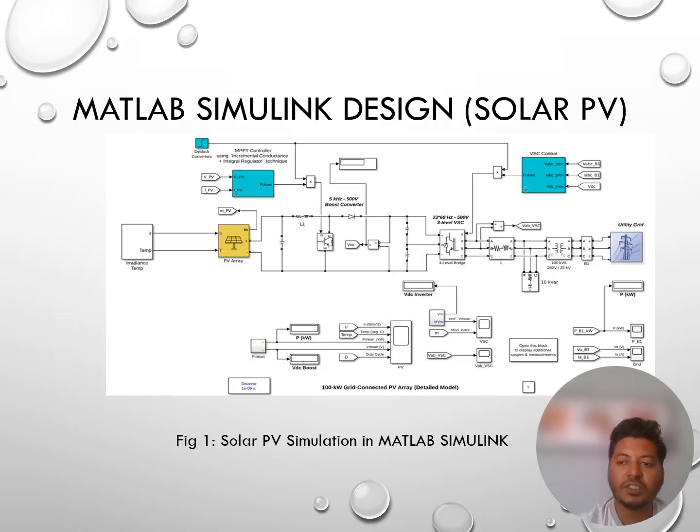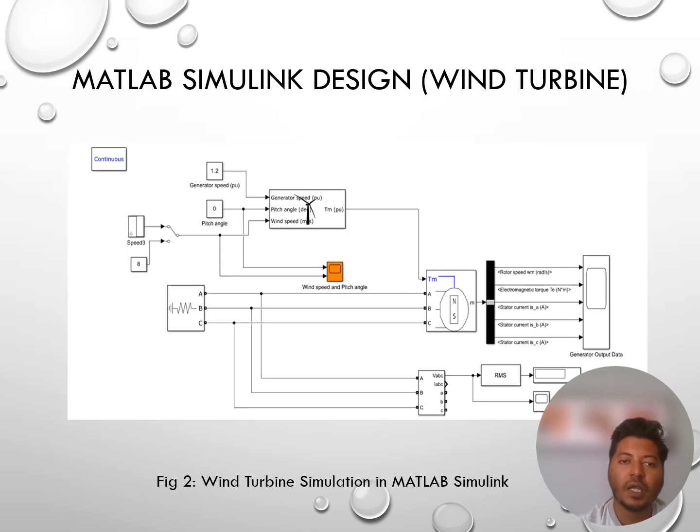To discuss the design of the project, here's the Simulink model design of solar PV. The solar PV system is designed to absorb sunlight and convert it into DC electricity. This involves selecting the most efficient PV models and configuring them for optimal performance. And here's the Simulink design of the wind turbine.